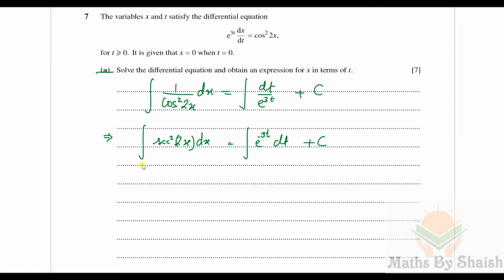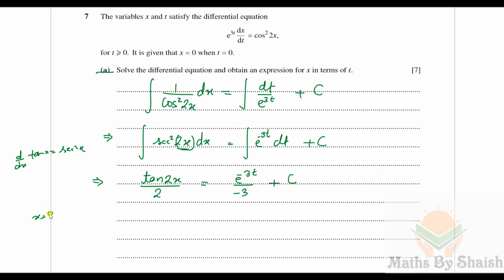We could have written this c afterward after integration, but that's fine. Now we know that differentiation of tan x is sec square x, so integration of sec square x would be tan x. Here it is 2x, so it would be tan 2x upon the differentiation of this, and that is going to be 2, is equal to, in the same way, integration of e raised to the power minus 3t would be e raised to the power minus 3t divided by the differentiation of this, and that is minus 3, plus constant of integration.